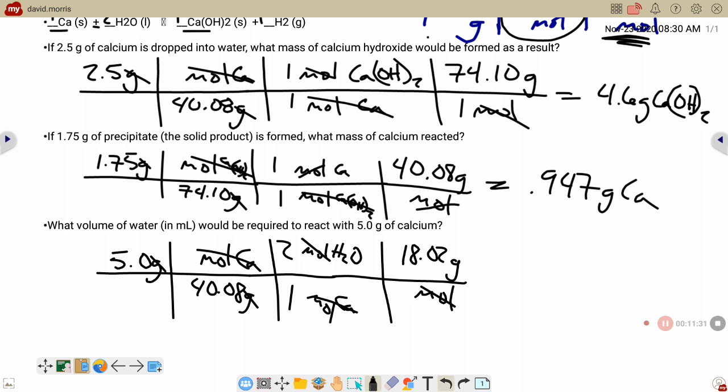So 4.5. What is that? 4.49? Somewhere around 4.5. With 2 sig figs, you just round appropriately, 4.5 grams of water, right? Now, did I ask for grams?